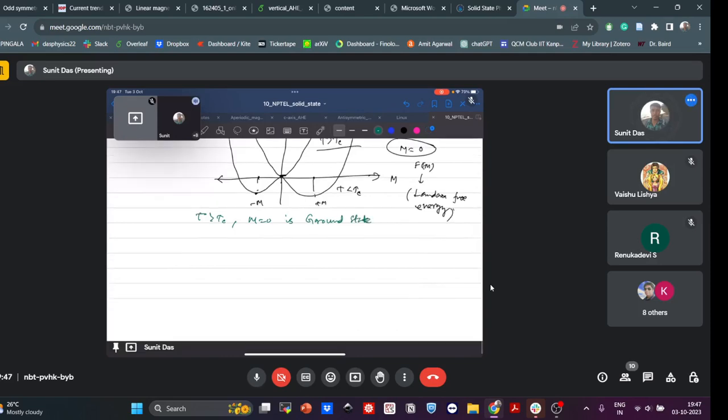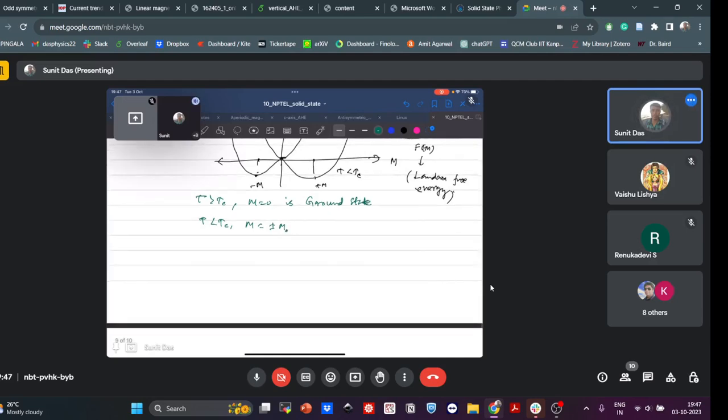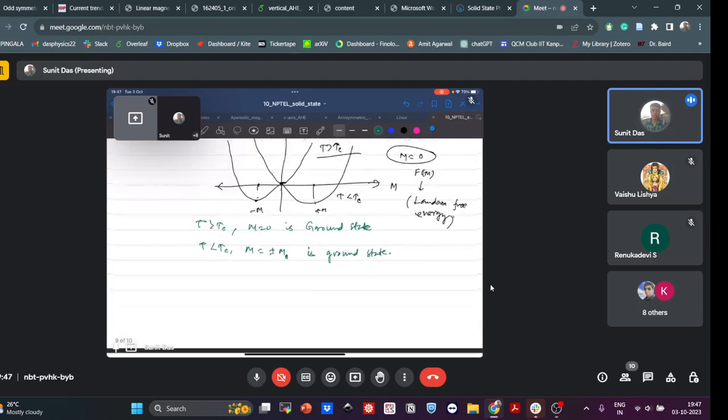And for T less than Tc, m equal to plus or minus m0 is the ground state, because free energy becomes minimum here.